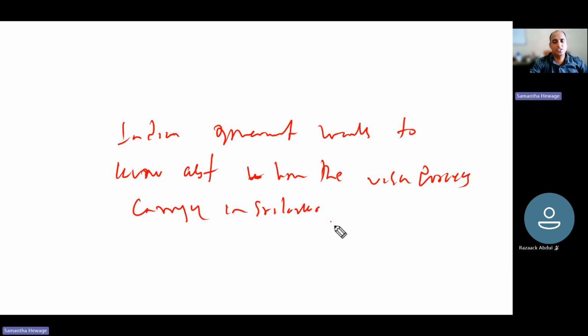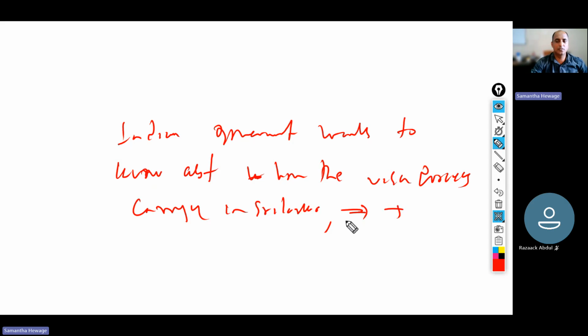So from which services of the government can they be provided? The Indian government wants to know about how the visa process is carried out in Sri Lanka. What do you think?